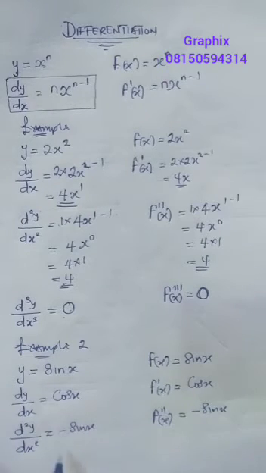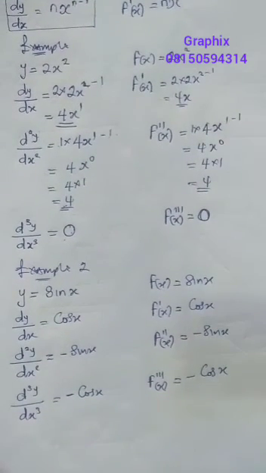Also, if I do it again, if I'm moving to d cubed y over dx cubed, now there's already a minus there. So if I differentiate sine x again, what will I have? I'll have cos x, right? Now that means my f triple prime of x will give me minus cos x.